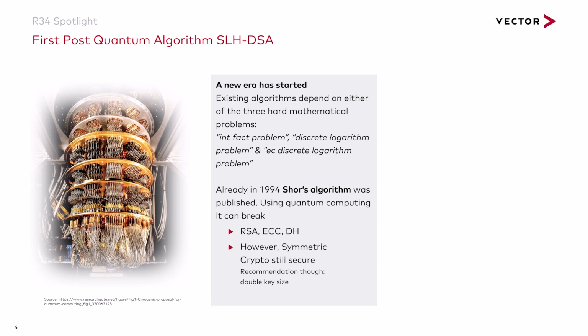Existing algorithms like RSA, ECC, or Diffie-Hellman rely on one of the three hard mathematical problems: the integer factorization problem, the discrete logarithm problem, or the elliptic curve discrete logarithm problem. All these are one-way functions, enabling secure asymmetric cryptography. Classical computer architectures cannot solve these problems in a reasonable time.